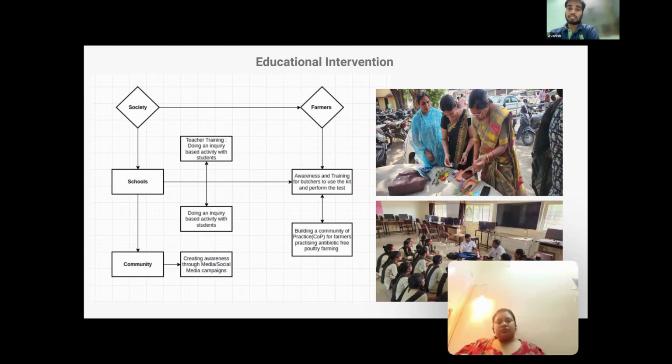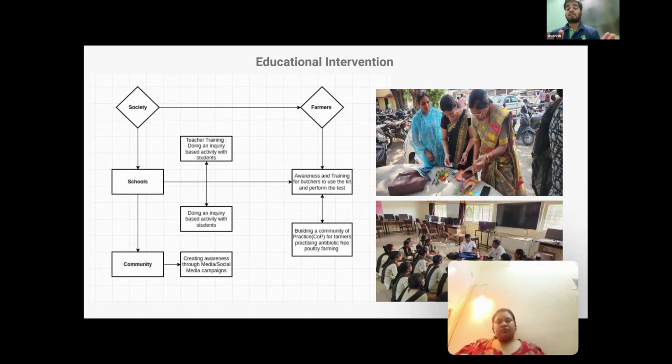We can work with teachers, where teachers themselves do some inquiry-based activities with students and inquire about antibiotics and detect them. It is not mere passing of information. With children also we can incorporate certain inquiry-based activities where children inquire and detect these antibiotics.